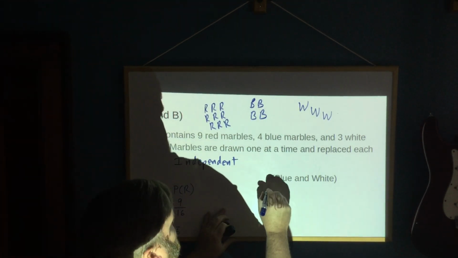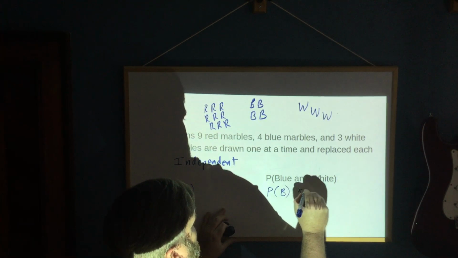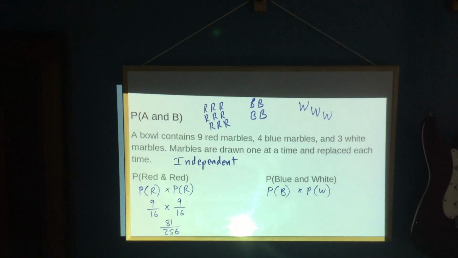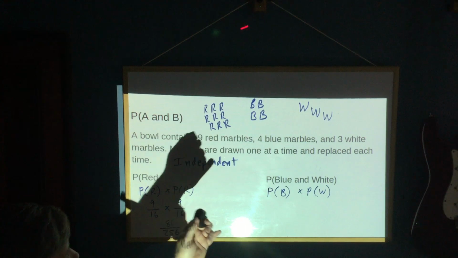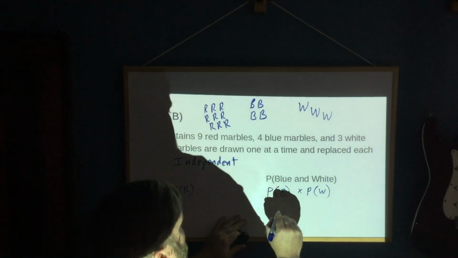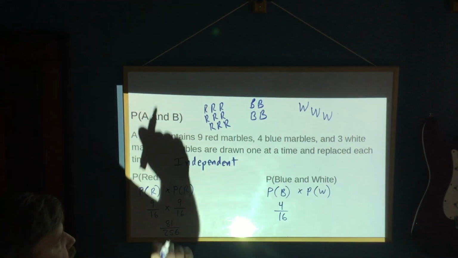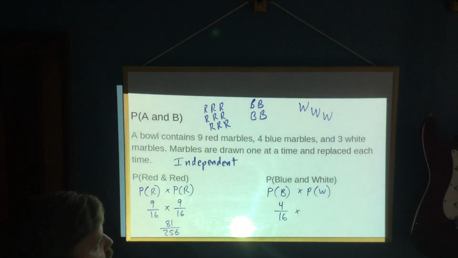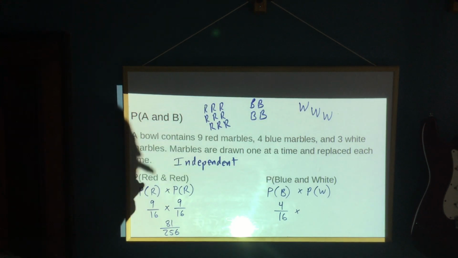Okay. So this would be another independent event, probability of blue times probability of white. The probability that the first one we would get is blue, there are 4 of those out of 16 total. So that's 4 out of 16. I put that blue marble back, and the probability that I get a white one is 3 out of 16.